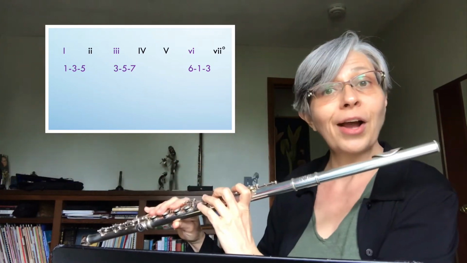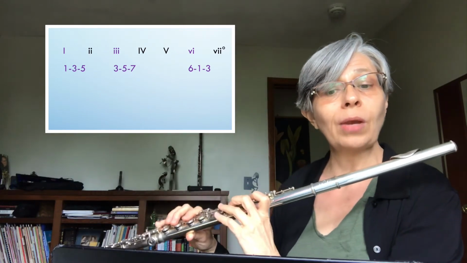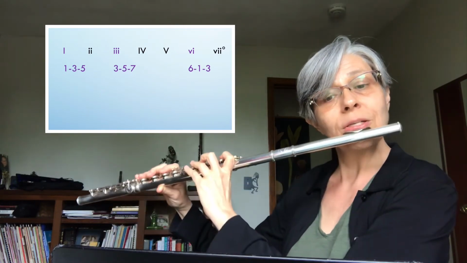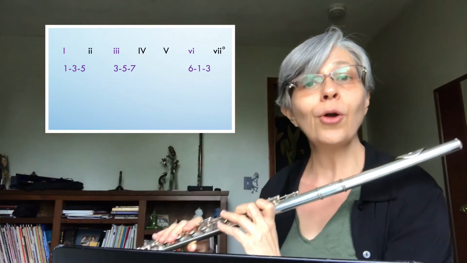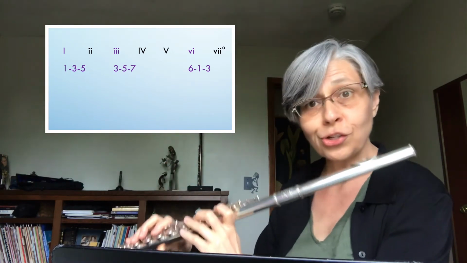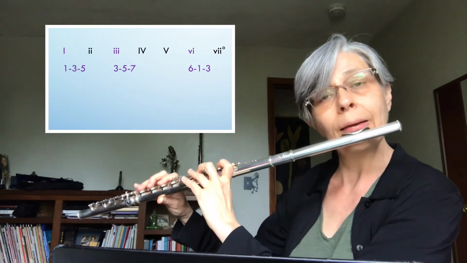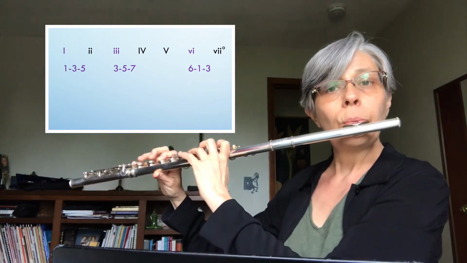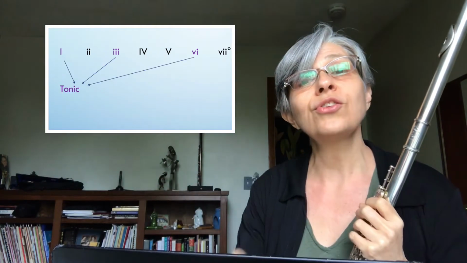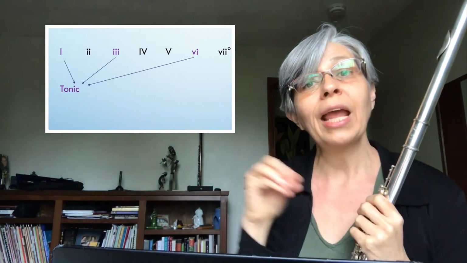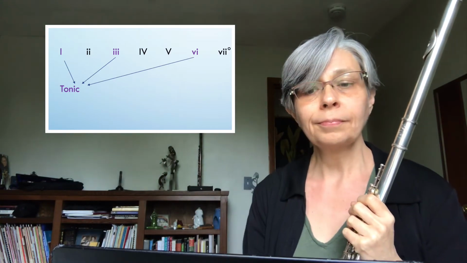The mediant triad is built on scale degree 3 and contains 2 of the same pitches. The chord built on scale degree 6 also shares 2 pitches with the tonic triad. So each of these chords tends to start and end a piece.